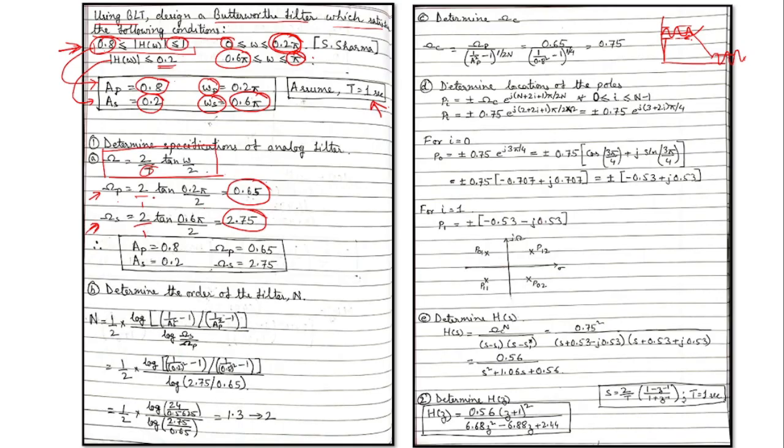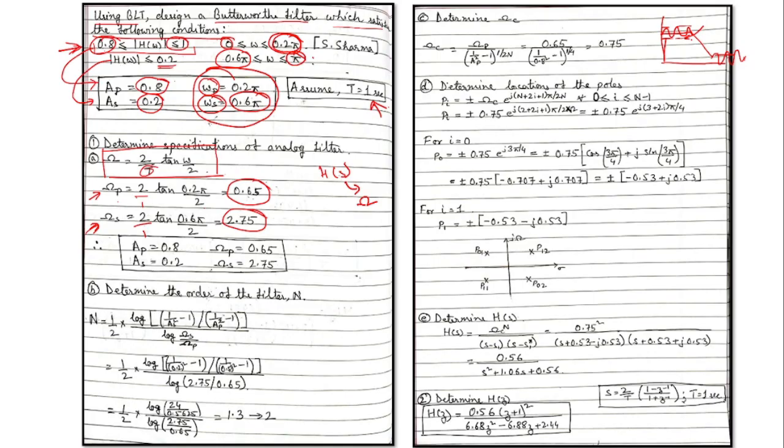Now, we are provided with the digital frequency components, but we need the analog frequency components to apply the bilinear transform method. Because in the bilinear transform method, we have to get H(s), and H(s) is associated with analog frequency.